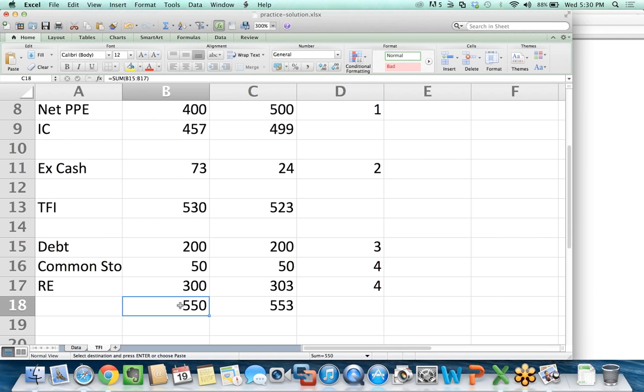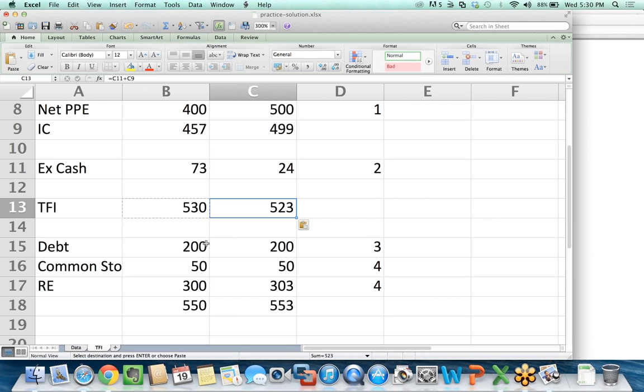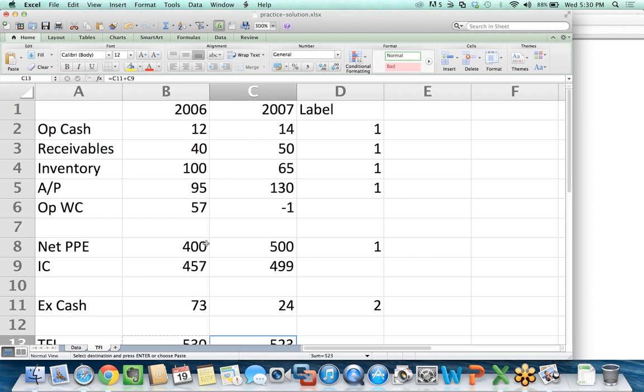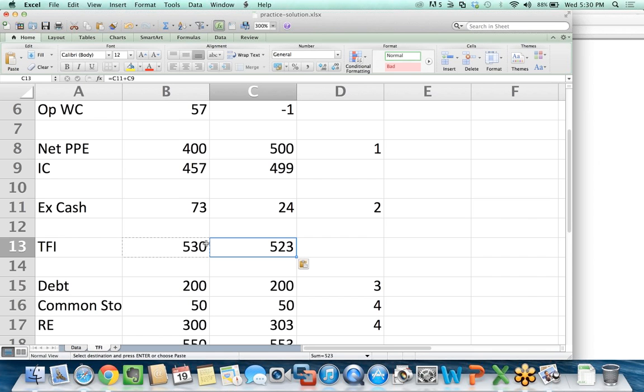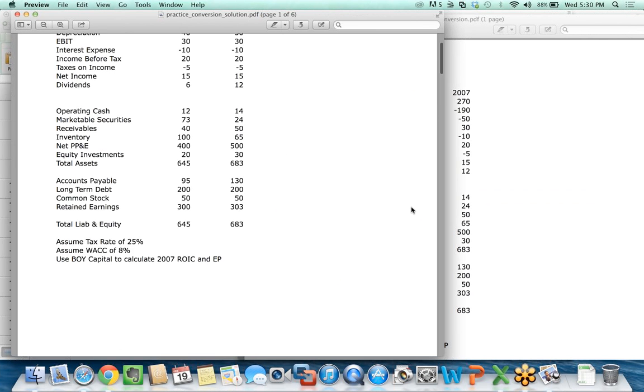So here is, just double check. Plus that, plus that, and that plus that. So here's the nice thing about the spreadsheet: in the solution, if these two sides don't add up, that means I'm probably missing something. So, in the interest of time here, let me figure out what I forgot to put in here.